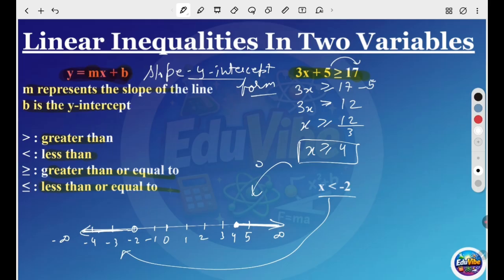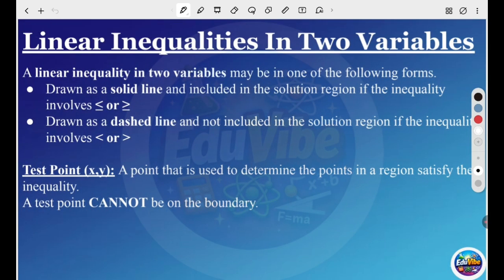But now if we talk about two variables, this was a single variable; we have only x over there. In two variables, only some things change, not the type of inequality, but there are some different aspects to be known.